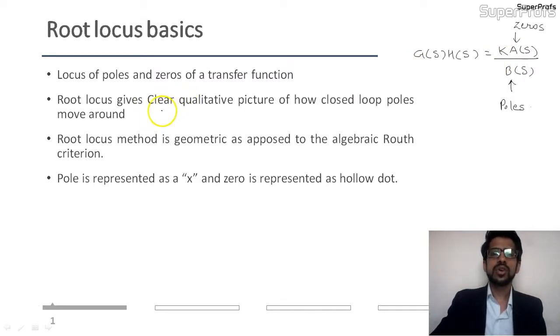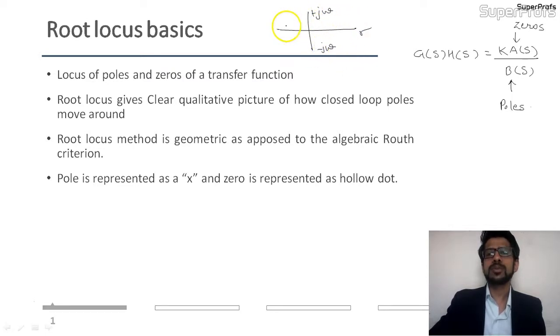Also, root locus gives a clear qualitative picture of how closed loop poles move around. So, in a qualitative manner, we will be able to see how poles and zeros move in the S-plane. As you already know, the roots of this particular equation give different values of s, and we have the S-plane as sigma plus j omega.